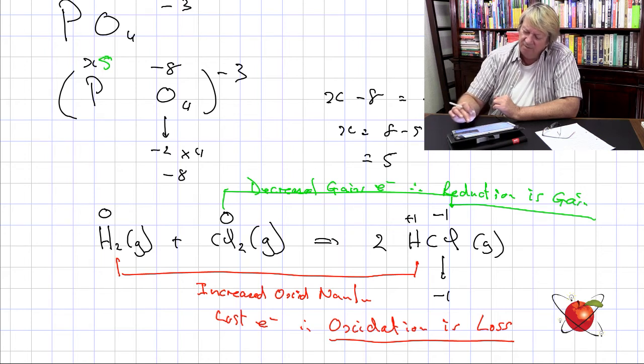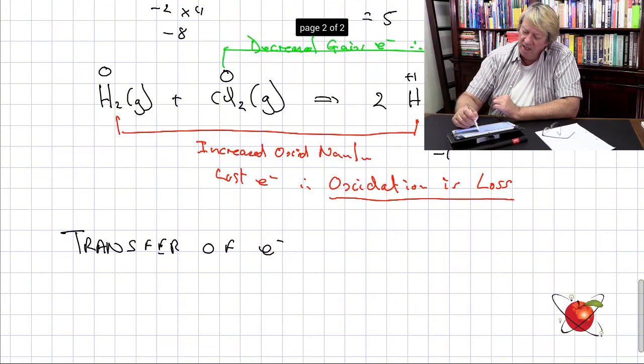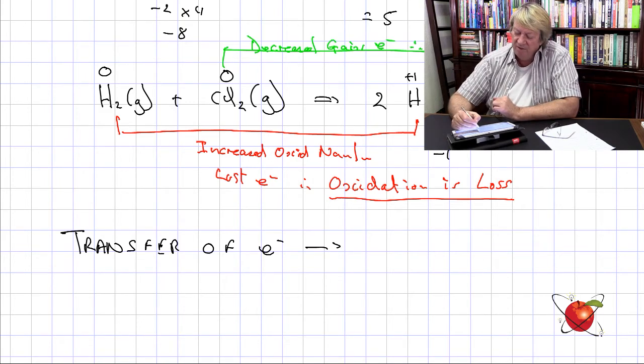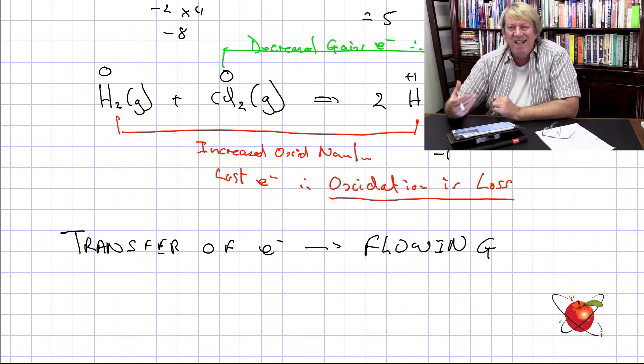It means that if we are transferring electrons, those electrons must be flowing. What is electrons flowing?